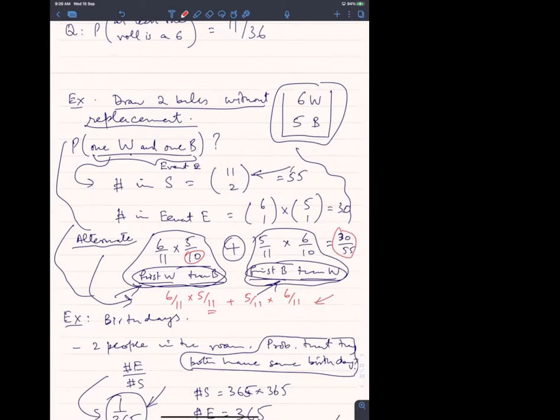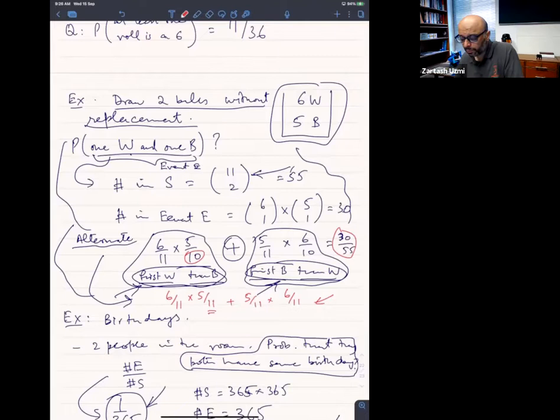Okay, sure. Any other question before I close the session? By the way, these notes have already been uploaded. They are sitting on LMS. There is an example in them, the very last example at the end of the notes, about the hat matching problem.